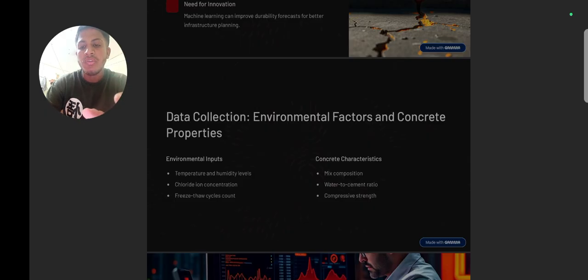Environmental factors play a significant role in determining the long-term durability and performance of concrete. These factors, such as temperature, humidity, exposure to chemicals, and mechanical stresses, interact with the concrete material properties in complex ways, often accelerating the degradation process.